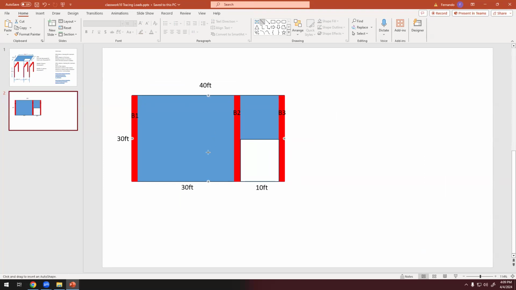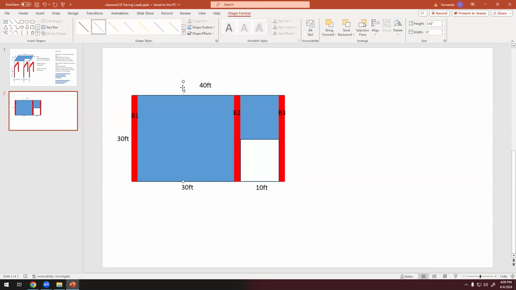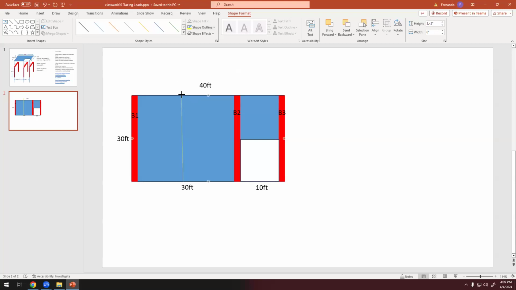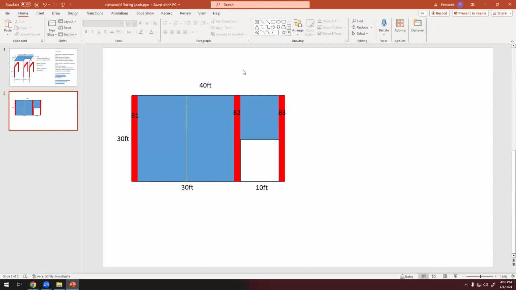Okay, and why is that? Okay, so if I divide this into different sections, okay, so all this area is going to B1.